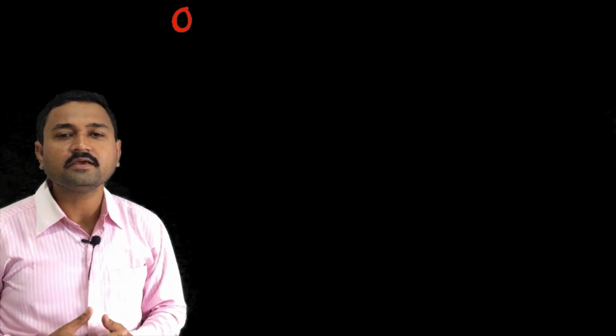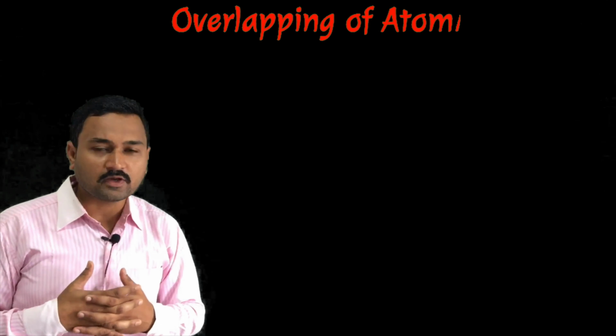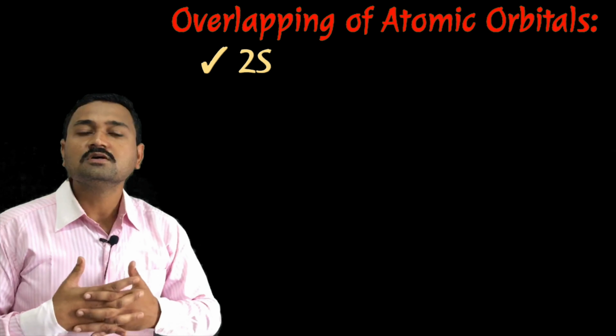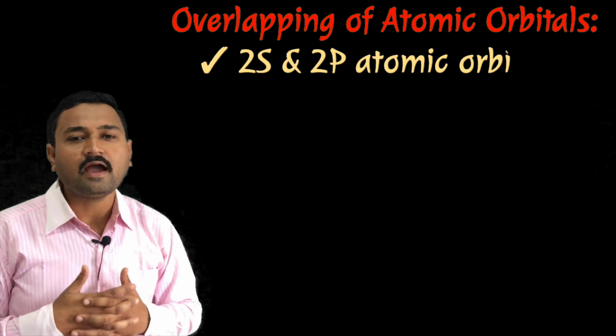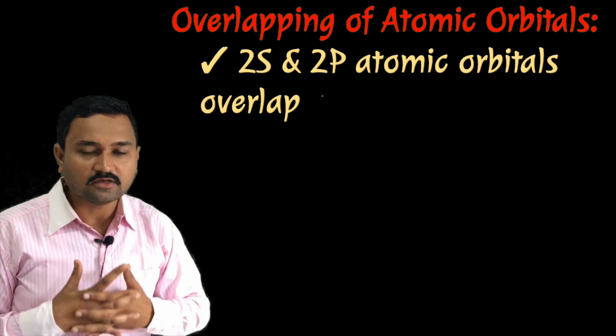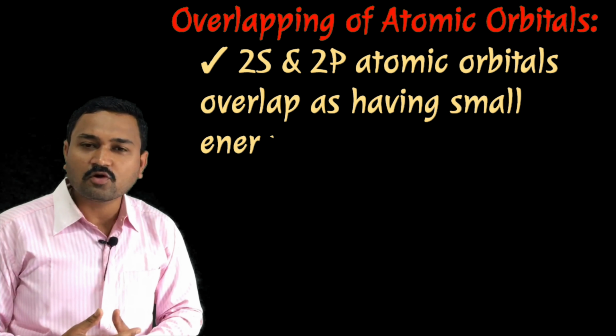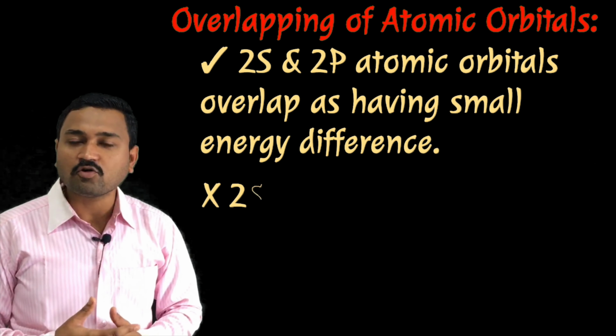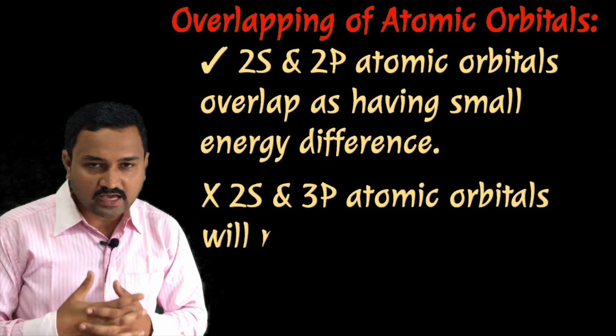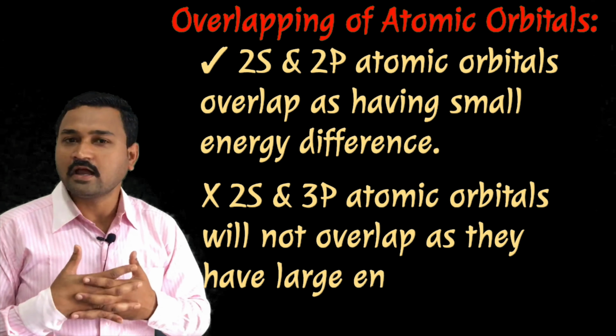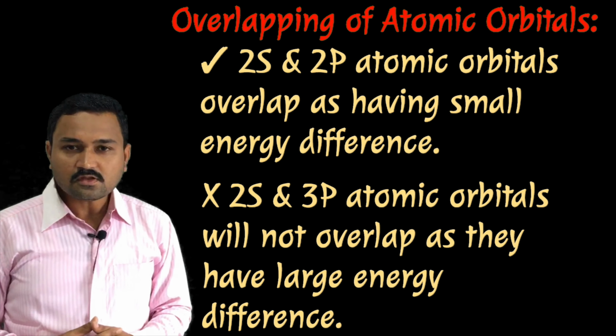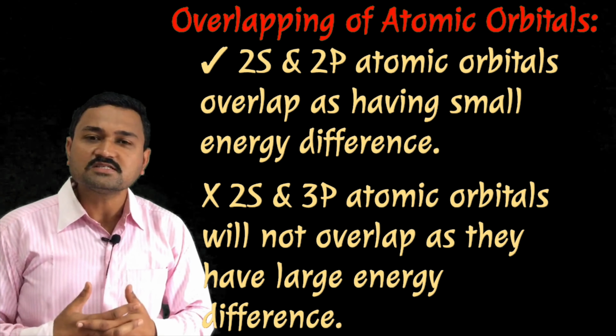For example, the 2s and 2p atomic orbitals can undergo hybridization as they have nearly the same energy, but the 2s atomic orbital and the 3p atomic orbital never undergo hybridization as they have a large energy difference. So we have studied the 6 different steps that are involved during the hybridization process. These are very important steps. We must remember them.